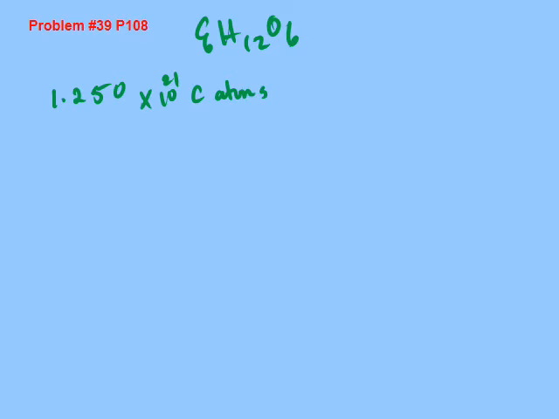So a sample of glucose has 1.250 times 10 to the power 21 carbon atoms. Now how many atoms of hydrogen does it contain? Basically you need to go from carbon to hydrogen by using this ratio in the molecular formula. So let's do it.